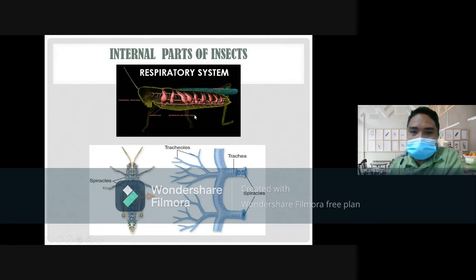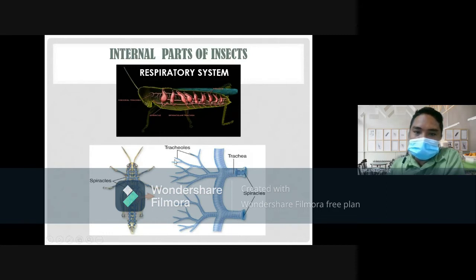The spiracular trachea. This is the trachea, the tube. The small tube is connected from the spiracles to its visceral trachea. That is where the air circulates in the insect respiratory system through its spiracles.